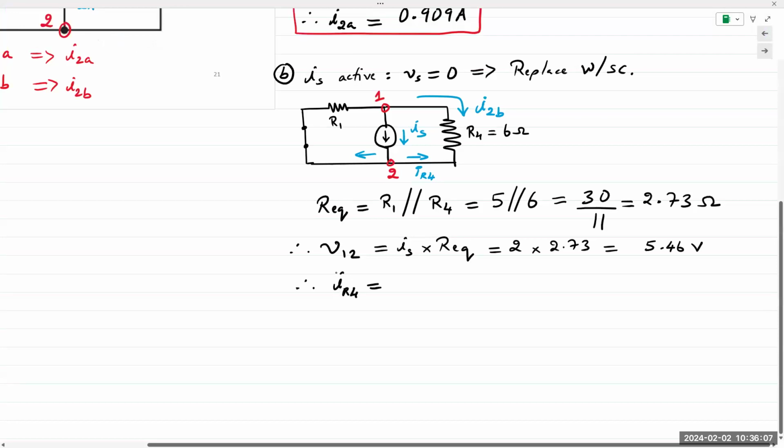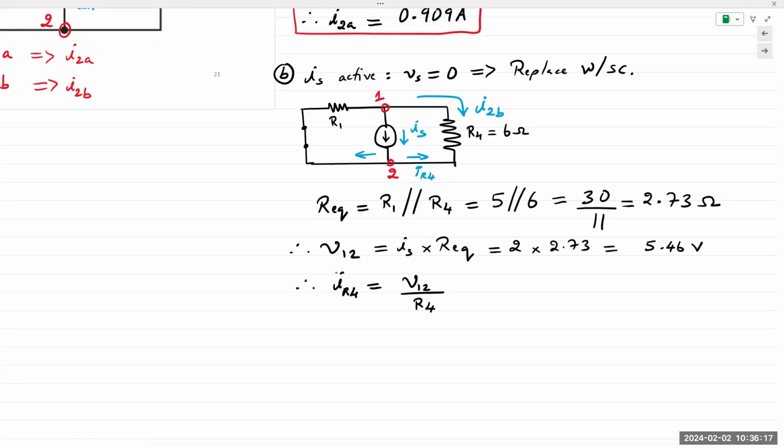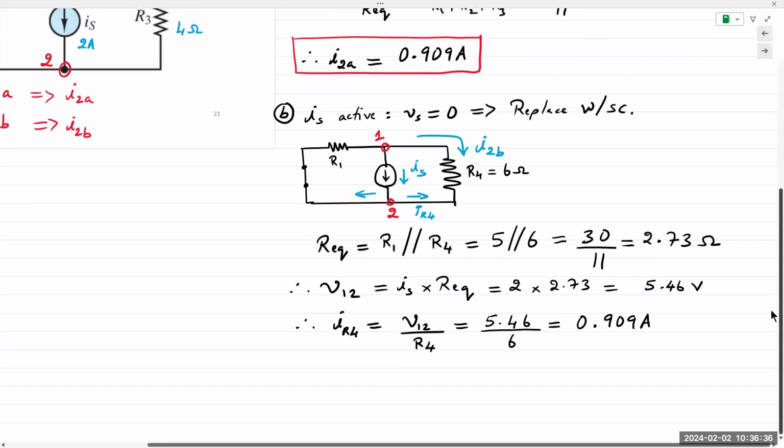So IR4 is V12 divided by R4, which gives me 5.46 divided by 6 comes to 0.909. Which is the same as the other one.